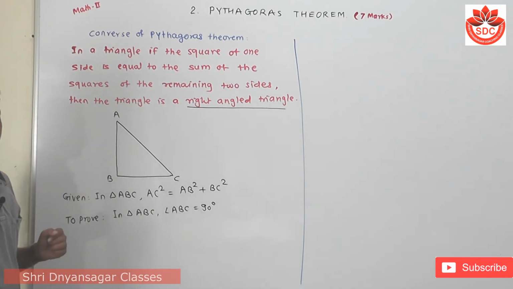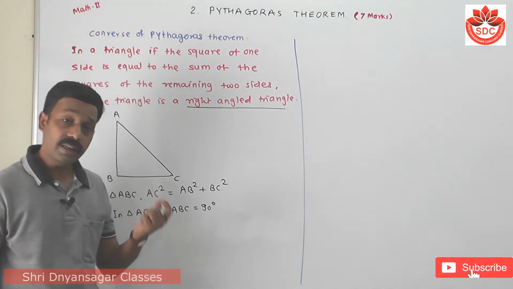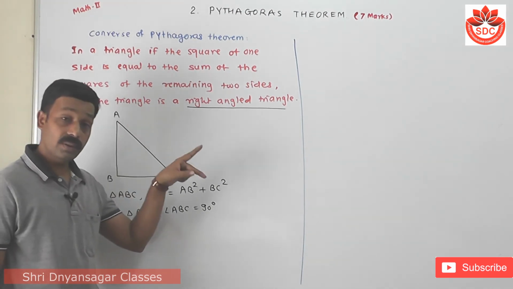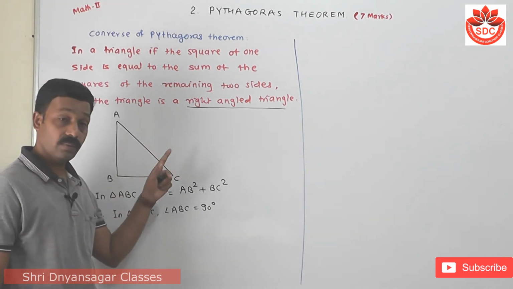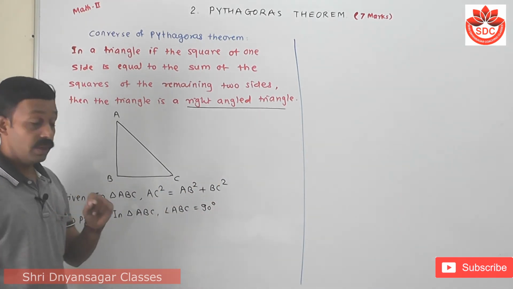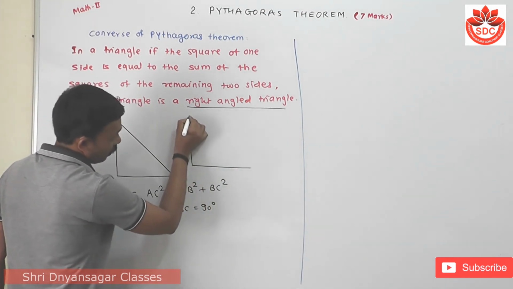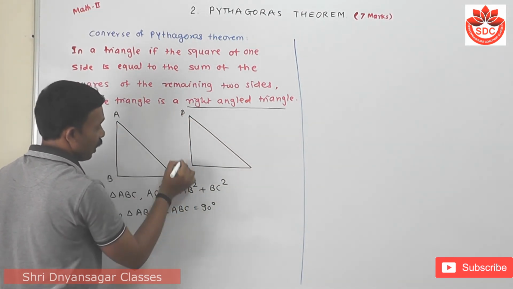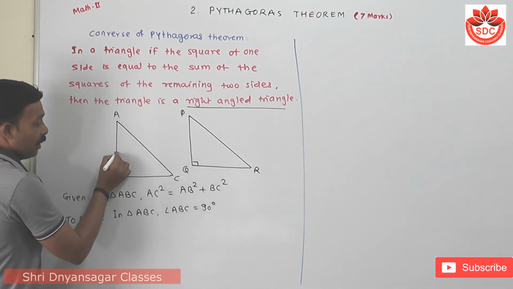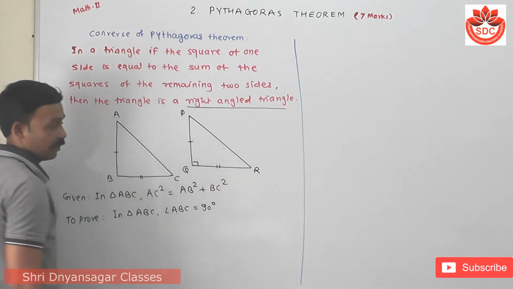Okay student, for this we take a construction: take any right angle triangle such that one of its sides is equal to AB and the second is equal to BC. Suppose triangle PQR is a right angle triangle such that AB is equal to PQ and BC is equal to QR.